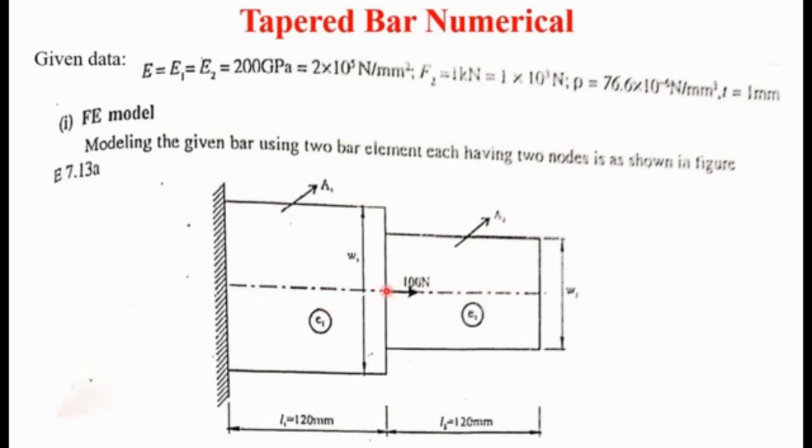W1 is the width of the first element, and W2 is the width of the second element. A1 is the cross sectional area of the first element, A2 is the area of the second element. L1 is 120 mm, L2 is again 120 mm, because this tapered bar is divided into 2 half parts, so L1 and L2 are the same, that is 120 mm.